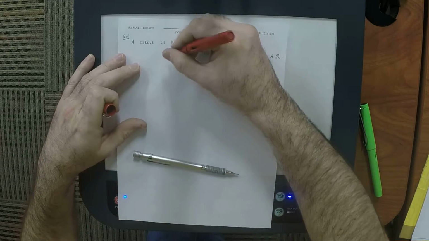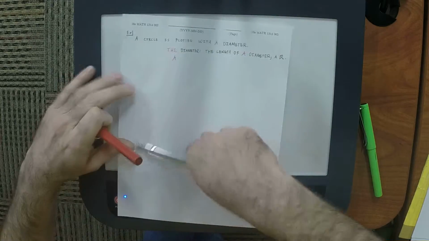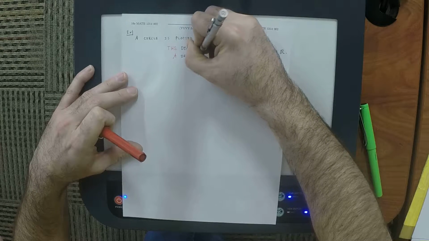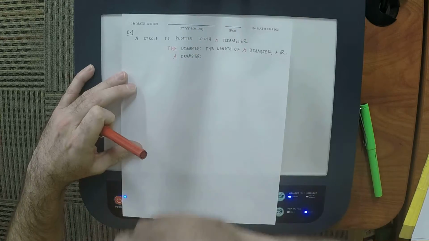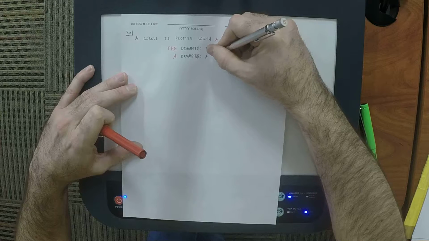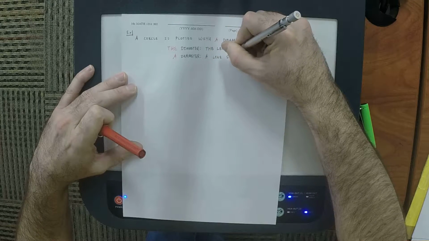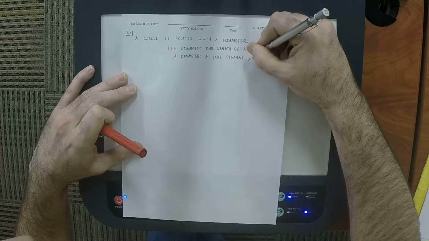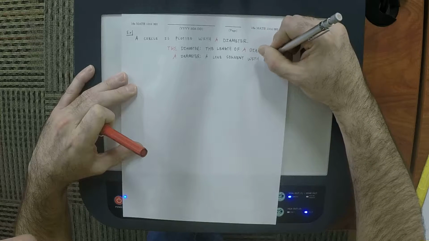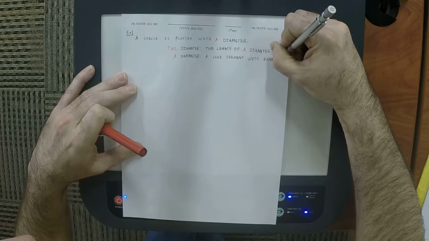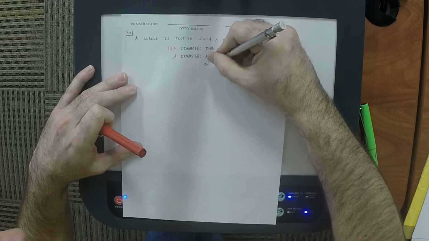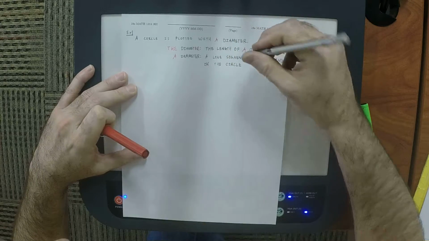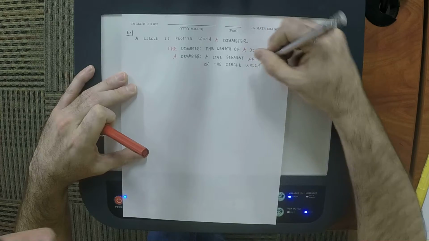When you say a diameter, this means a line segment with endpoints on the circle, which bisects the circle.